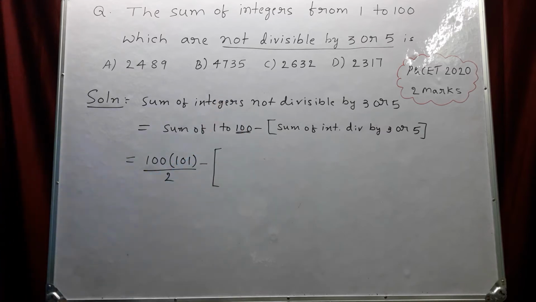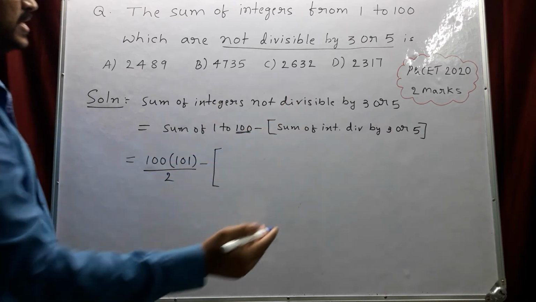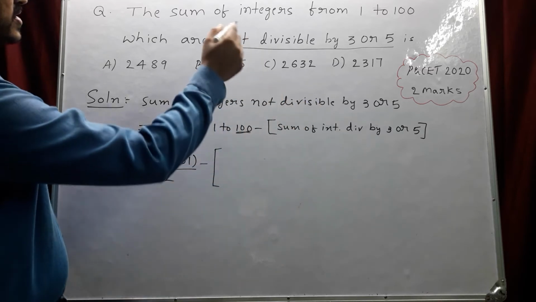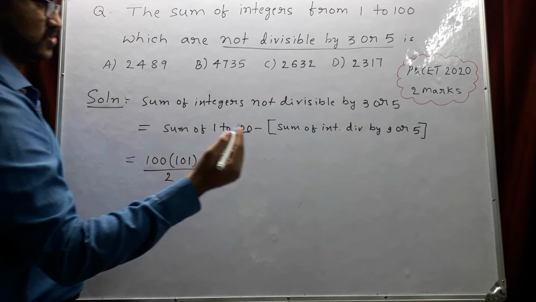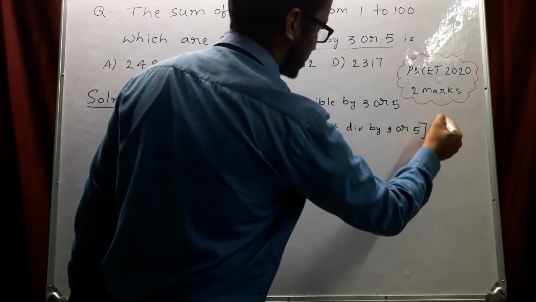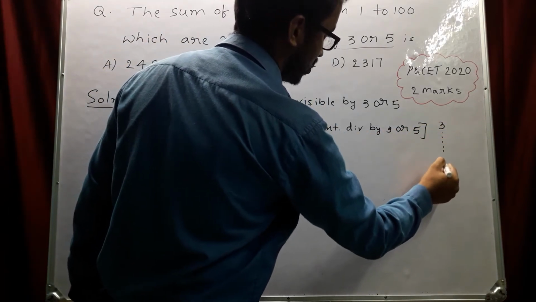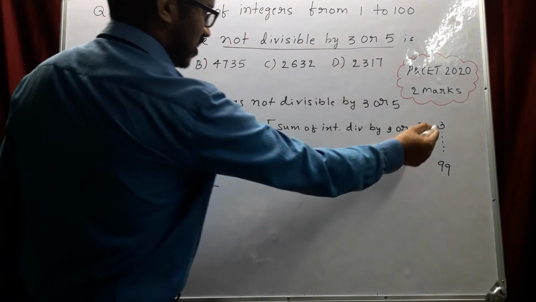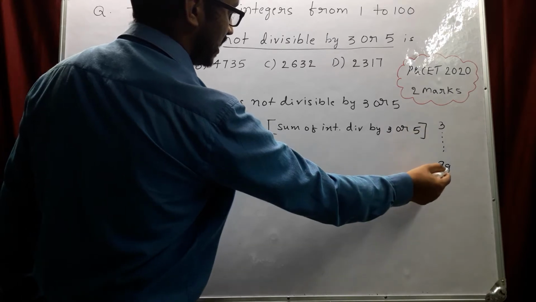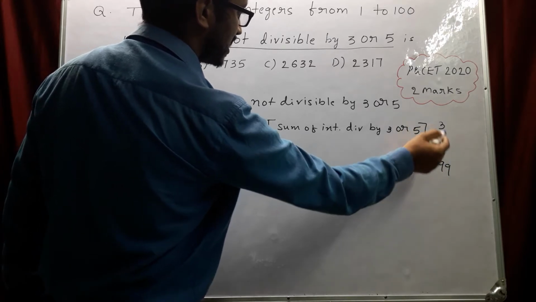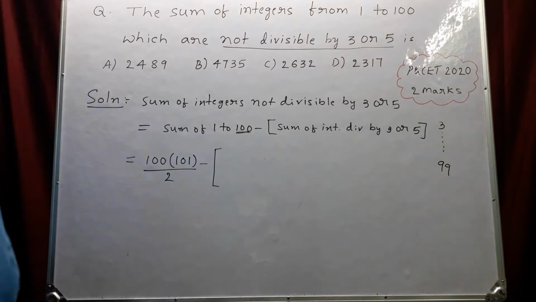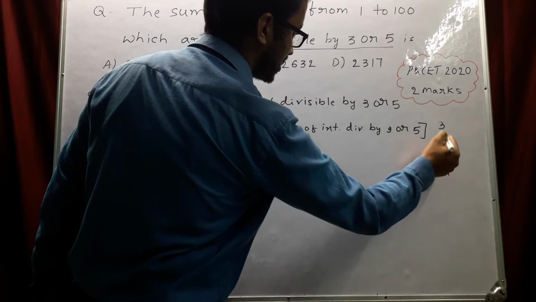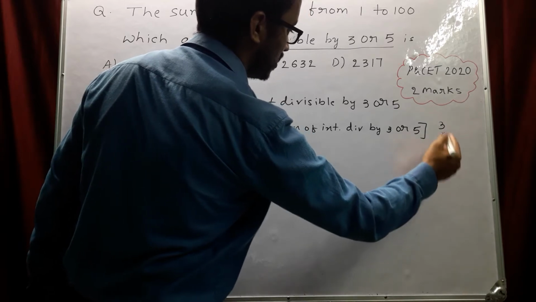So what is the sum of the integers divisible by 3? If you see the numbers which are divisible by 3 between 1 and 100, the first number is 3 and the last number is 99. So in total how many numbers do we have? 33 numbers. If you divide 99 by 3, we get 33 numbers. The numbers divisible by 3 are 3, 6, 9, 12, so on.